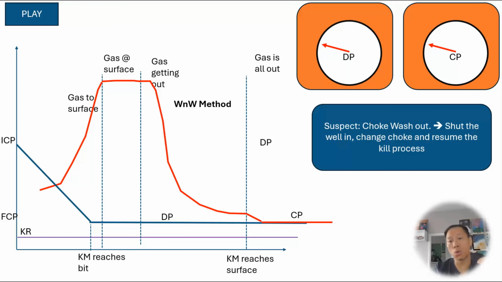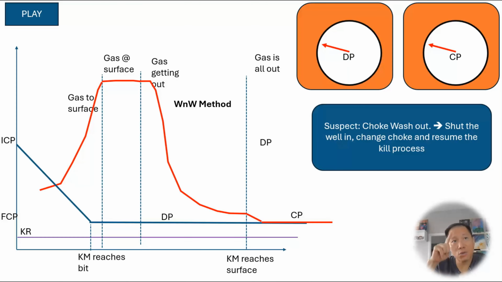If the string is washing out, you will see the drill pipe pressure gauge dropping. So these two events may mask each other. So if you see the drill pipe pressure gauge dropping in this stage, you just close the choke and you are safe. The worst thing you do is adding a little bit more pressure into the well, but now the well has no more influx in it. So it's good. You are safe.